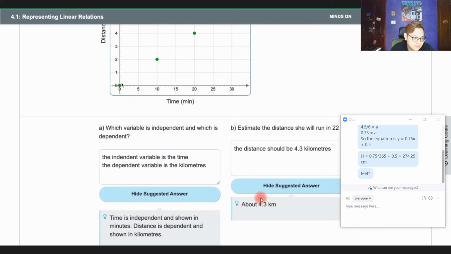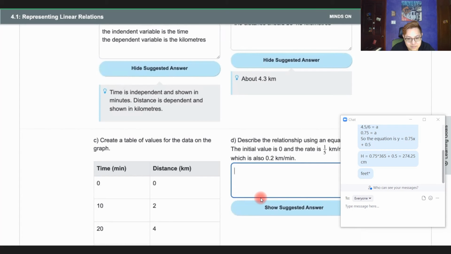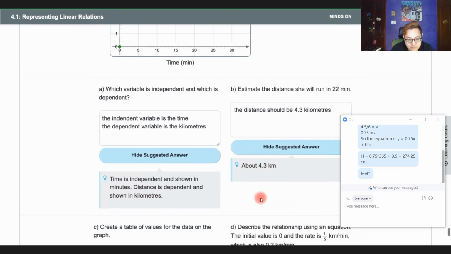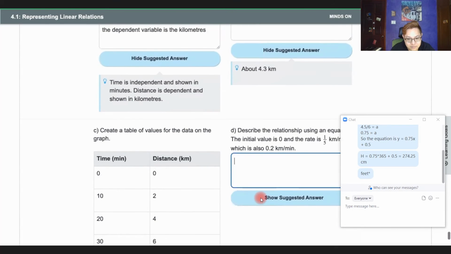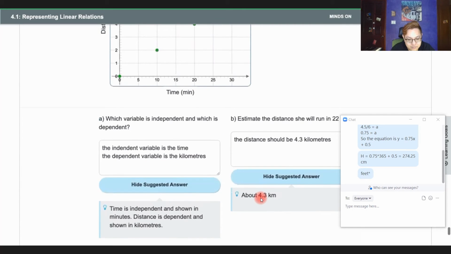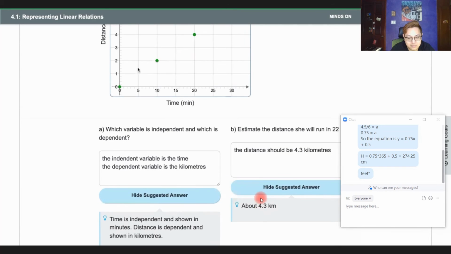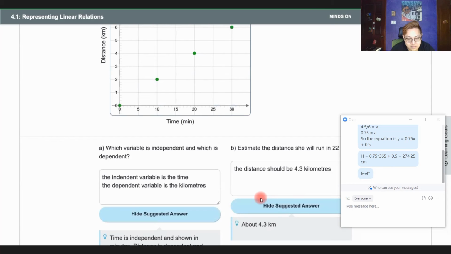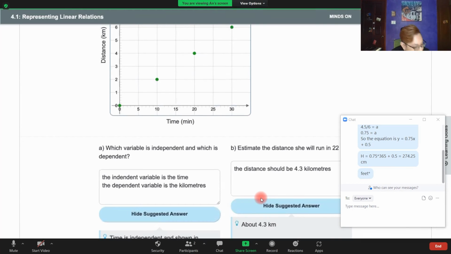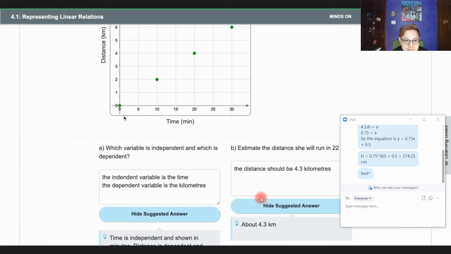So it's like somewhere here. It's 1 minute, so 0.2.